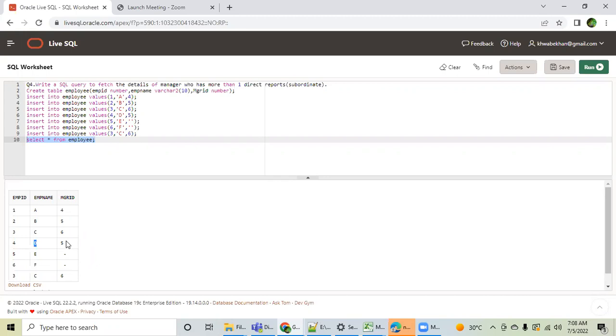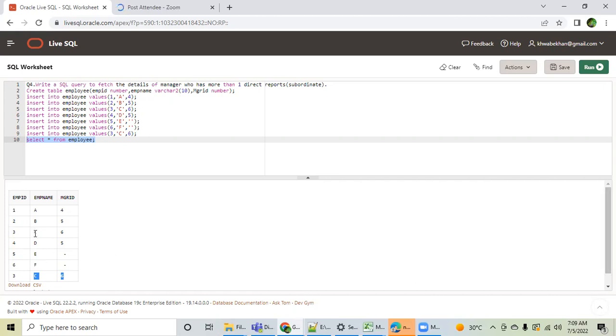Why not 6? It's a duplicate. Correct. Manager ID 6: who is reporting to 6? Employee C. Correct, no? Employee C is reporting to 6. Here again, employee C is reporting to 6. So can you tell that 2 employees are reporting to manager ID 6? Is this the correct statement here? No, they are duplicate, right?